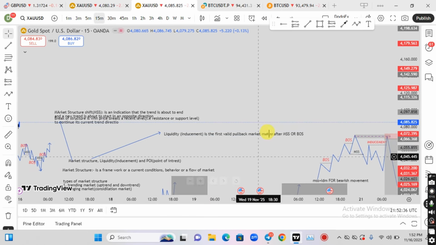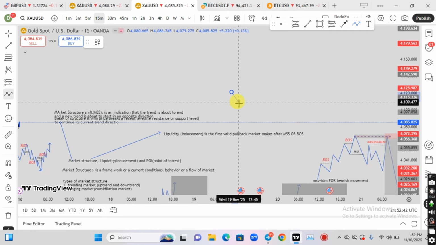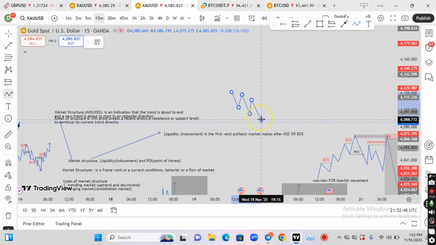The bullish part of it, price was moving in a series of lower low, lower high, lower low, lower high, lower low, and then it breaks up, right? So the first pullback was this pullback, which is my inducement.